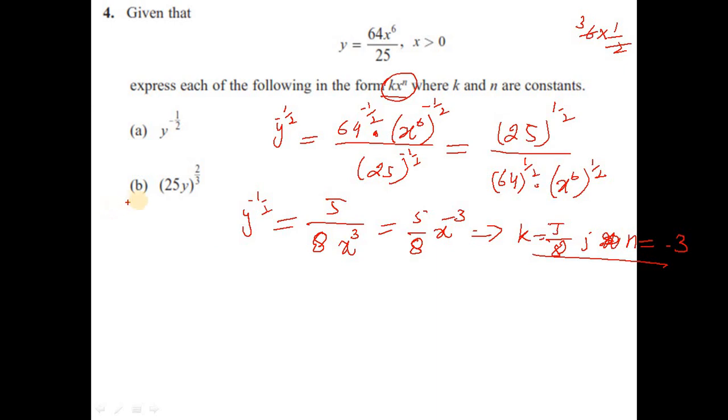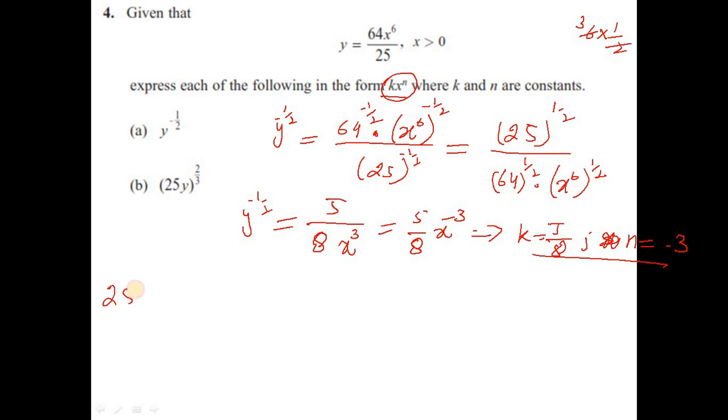Anyway, part B. Okay, you need to express 25y to the power 2 by 3. So it's again easy. First you need to multiply y with the 25 and then you need to take power 2/3. So you have y there, so I'm multiplying the whole equation by 25.